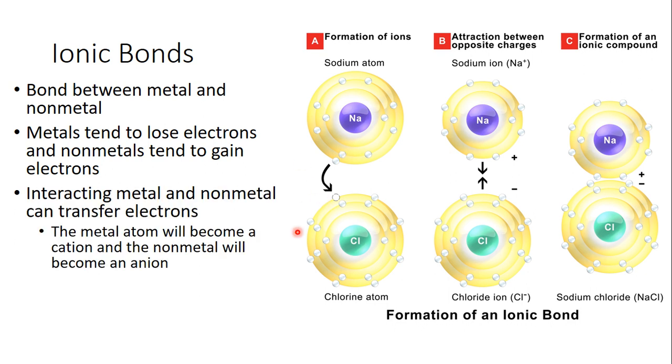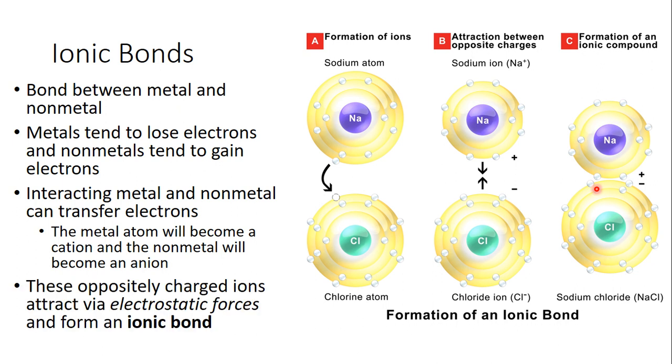When a metal and a nonmetal come together, the metal atom will want to give an electron to the nonmetal atom because that's what they do. And when you do that, you get a positive ion, or a cation, and a negative anion. And you have two charged atoms, and so they come together.